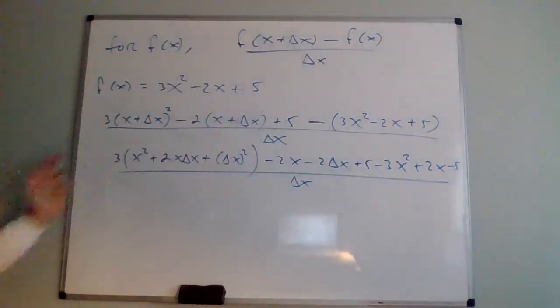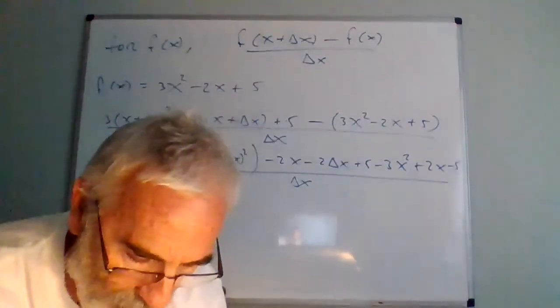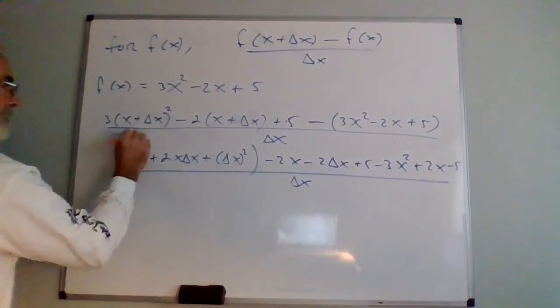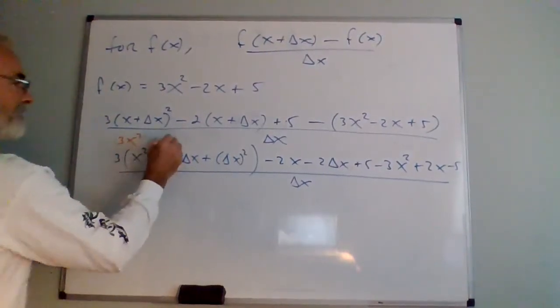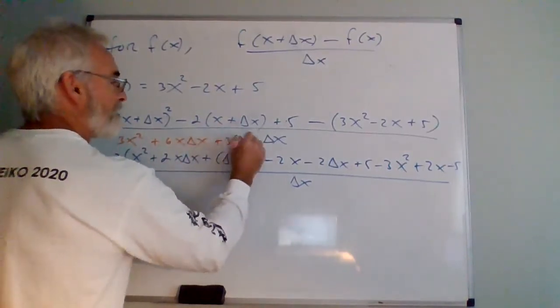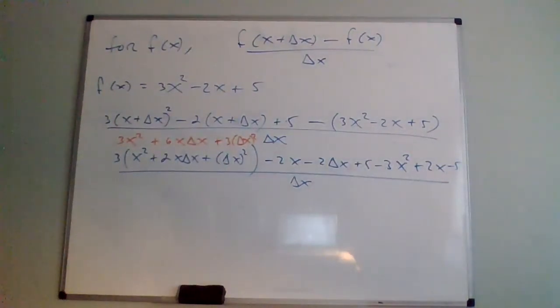Now this quantity here, I need to distribute that 3. So I'm going to be lazy. Rather than rewrite the entire problem, I'm just going to distribute right on top here. So I've got 3x squared plus 6x delta x plus 3 times the square of delta x, and then all the rest of this stuff. And the reason I'm doing that is because now I can clearly see terms that will cancel.